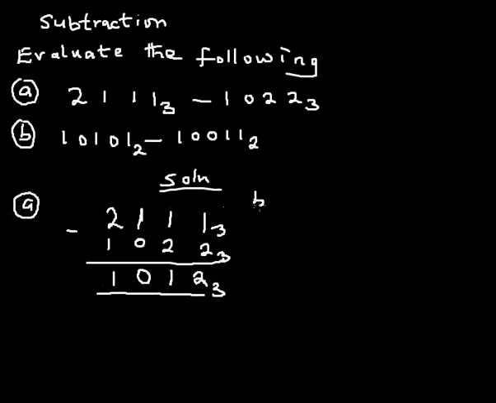Now let's look at the B part. Here I have 1 0 1 0 1.